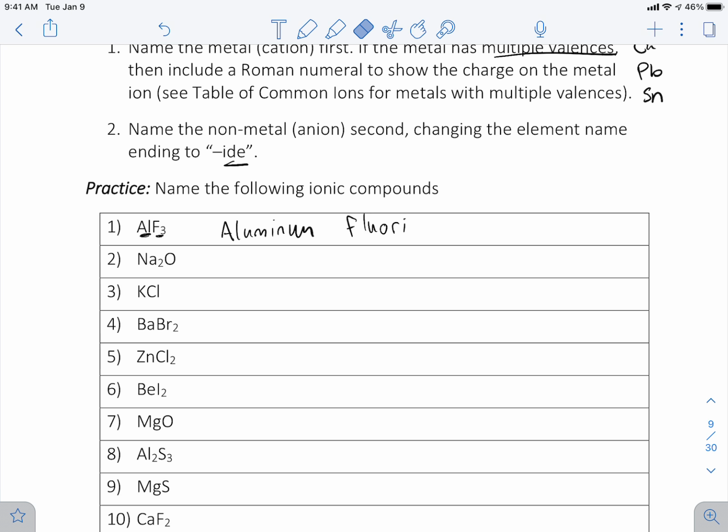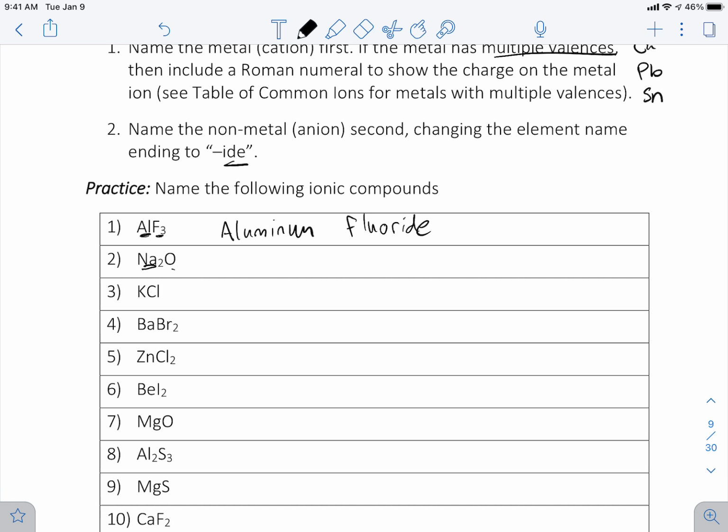So in this case, my last vowel is that I. So I'm going to go fluoride. And for the most part, just whatever sounds right, but try to do your best. That's essentially the rule, from the last vowel, you're going to replace it.